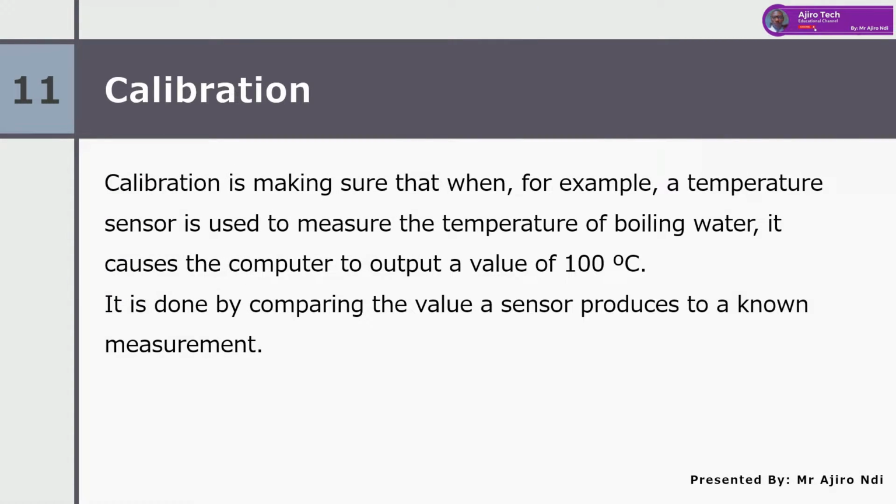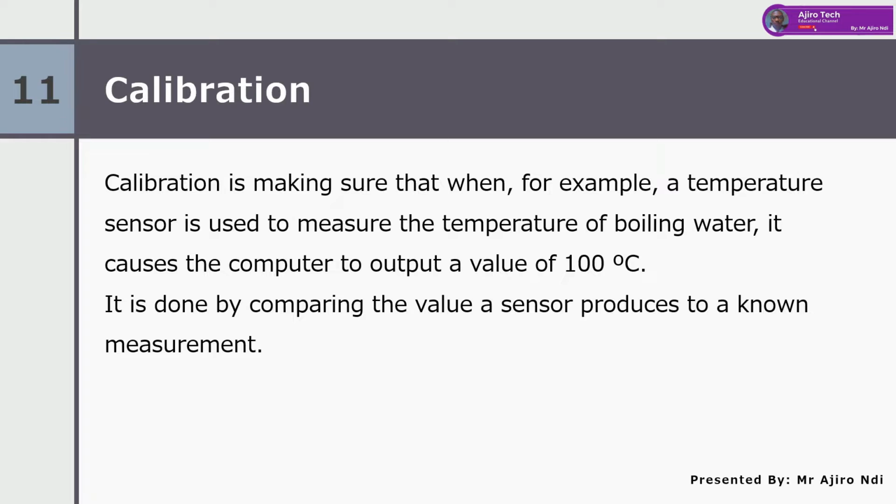Calibration. Before we get down to what's on the screen, it's important to know that when sensors measure physical variables, people believe that the results are always going to be accurate, because the computer is involved. However, for this to be the case, the sensor has to be what?